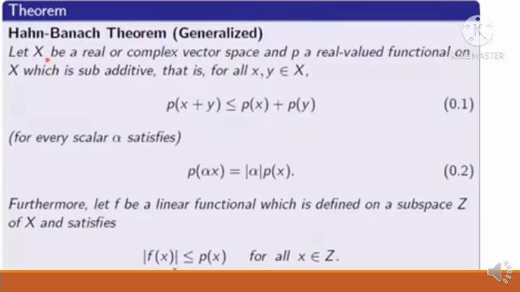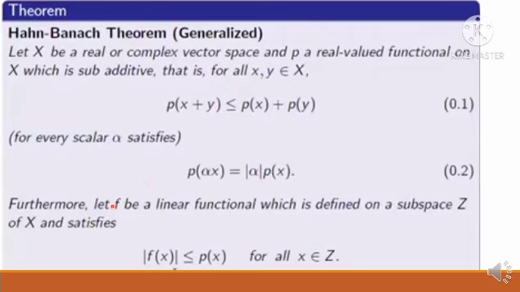Now the Hahn-Banach theorem in generalized form, which we will use in the proof of the Hahn-Banach theorem for normed spaces. Statement: let X be a real or complex vector space and p a real valued functional on X which is subadditive, that is for all x, y belonging to X, p of x plus y is less than or equal to p of x plus p of y, and p of alpha x is equal to the absolute value of alpha into p of x.